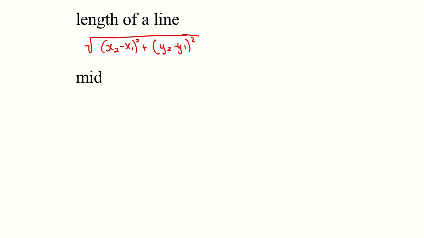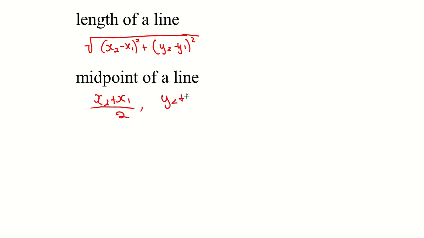For midpoint of a line, midpoint means in the middle, right? Your midpoint is x2 plus x1 all over 2, and y2 plus y1 all over 2. Now please note coordinates are always in the form x first and then y.